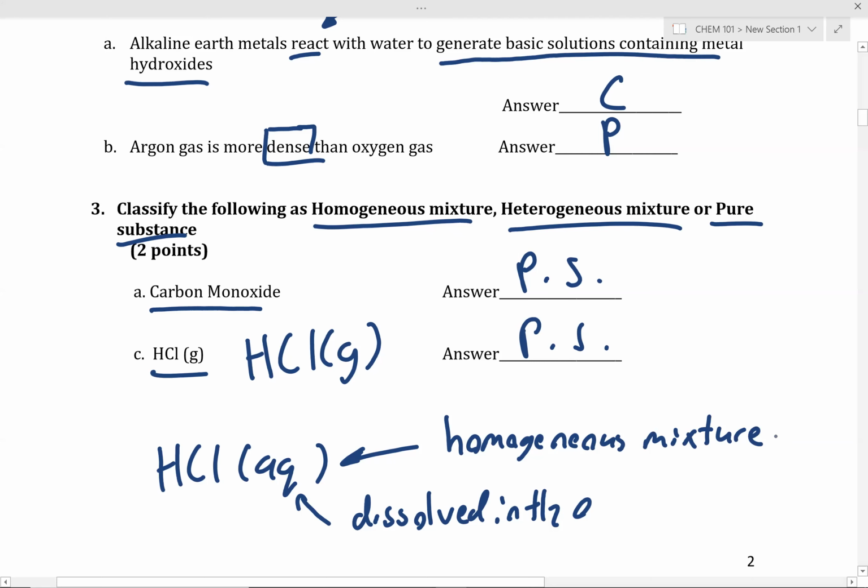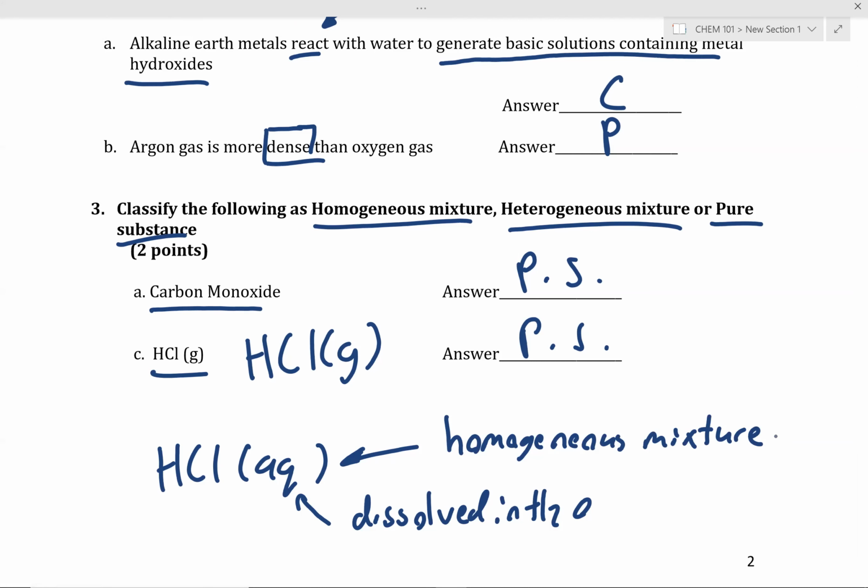So here we just have to memorize HCl gas. It is a single compound and a single pure substance. Does that make sense? In order for something to classify as a mixture, there must be more than one pure substance combined together, so two or more pure substances combined together.